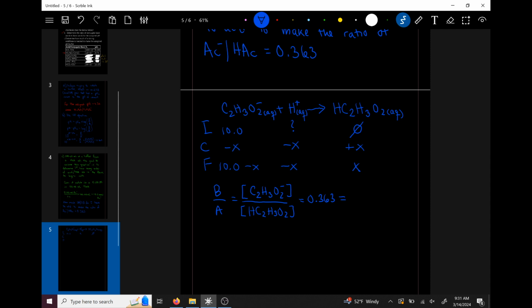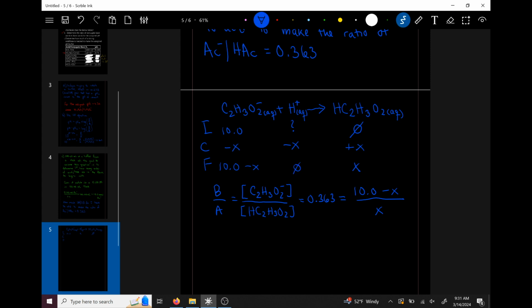And that ratio is equal to 10 minus X over X. If I can figure out what X is equal to, then I can determine what amount of proton I have to add to the system for it to be completely consumed. Right? I guess this should be 0. I know that's going to be 0.